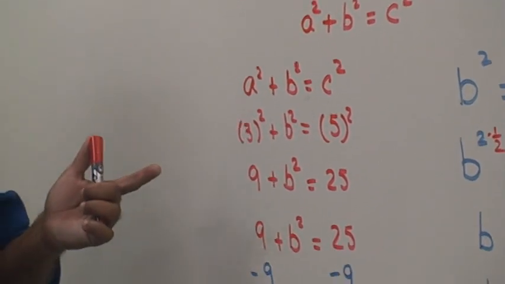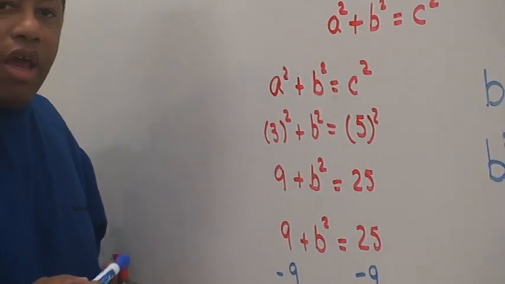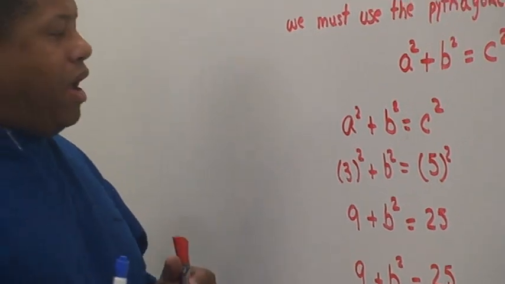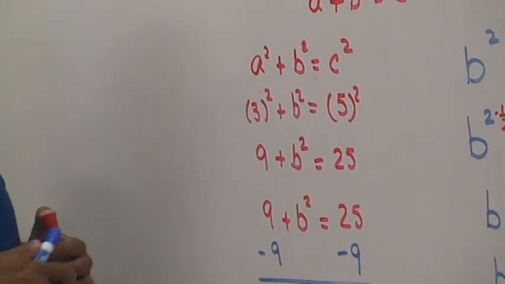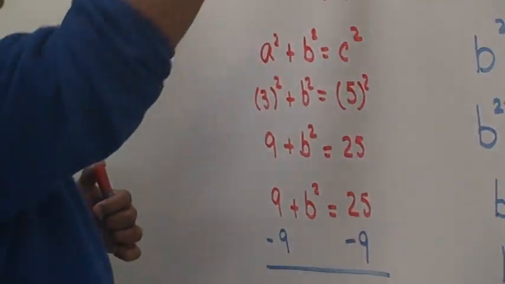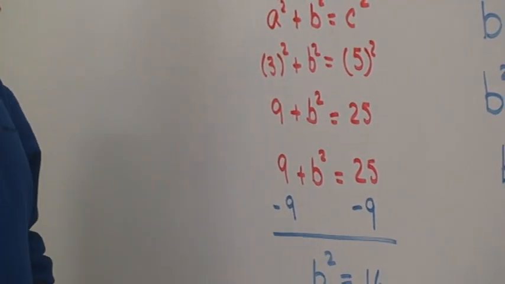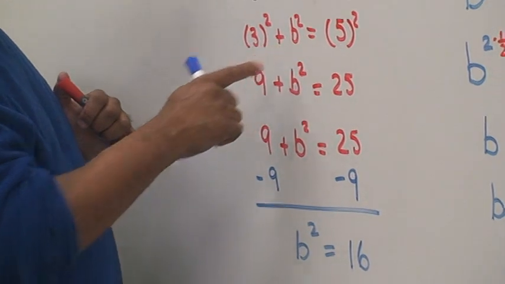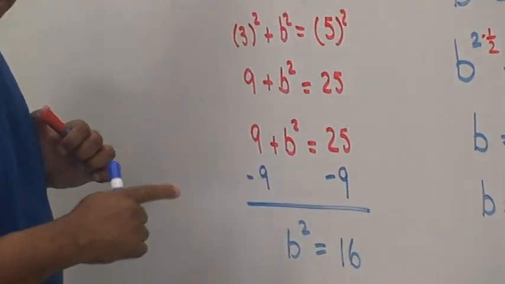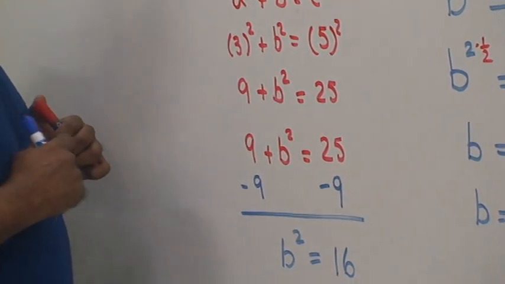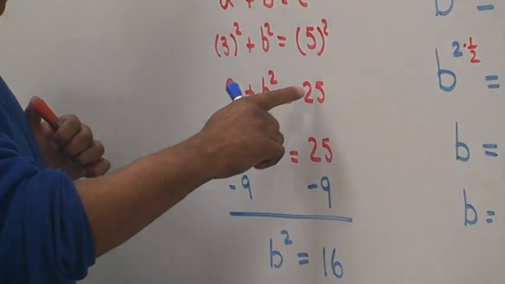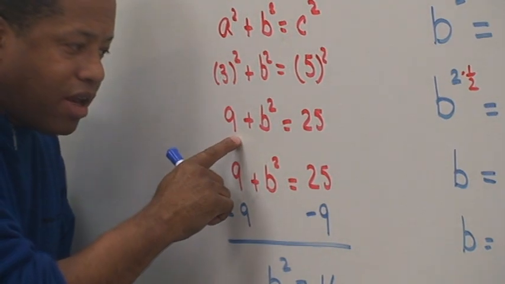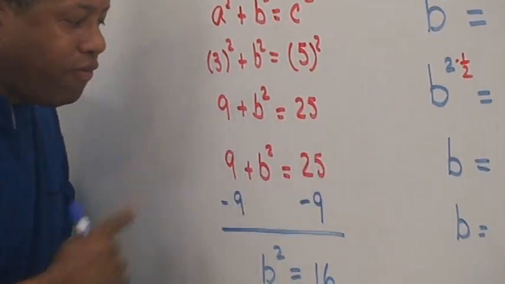B being unknown, you bring the B down, do the math and simplify your expression, and solve for the unknown side, B. In this case, 3 squared plus B squared is equal to 5 squared. That is 9 plus B squared is equal to 25. Now, notice what I do here: we got 9 plus B squared equal to 25.